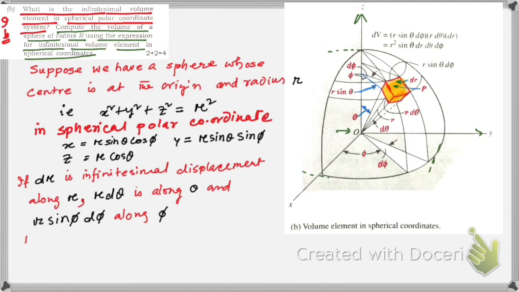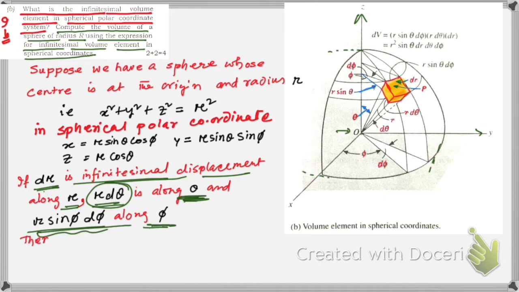So this is the infinitesimal displacement along r, this one is along phi, and this r d theta is along theta.